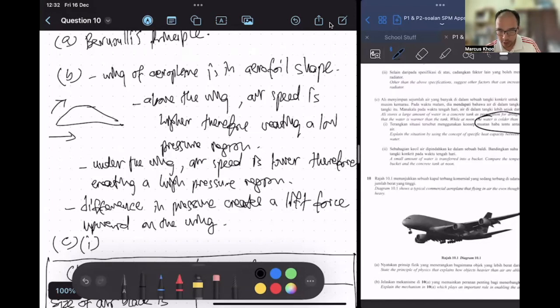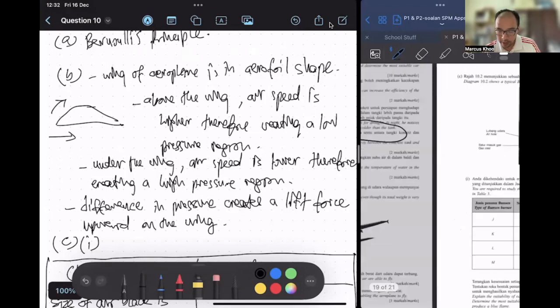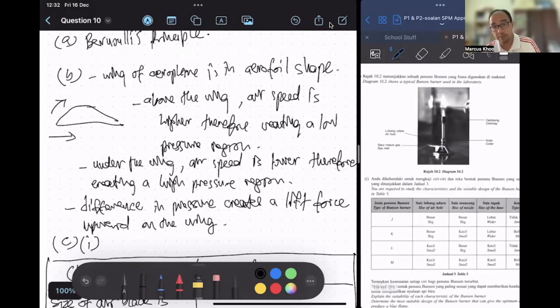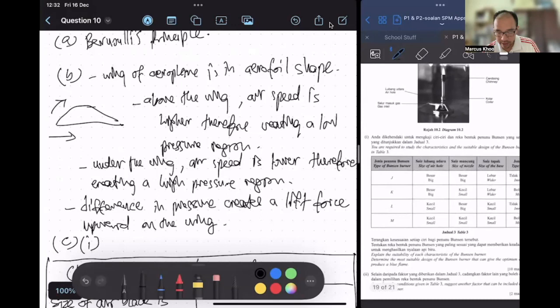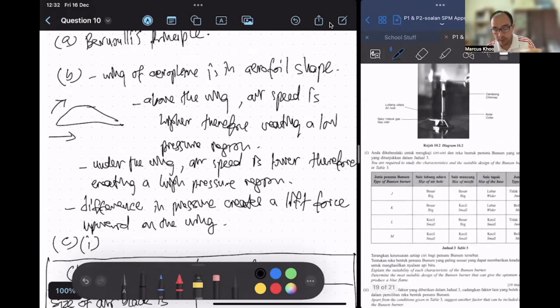Let's continue. The next question is the Bunsen burner. You're required to study the characteristics. When we analyze it, first we want the size of the air hole to be big. Obviously we want a big air hole so that more oxygen or more air can come in. Then the size of the nozzle.